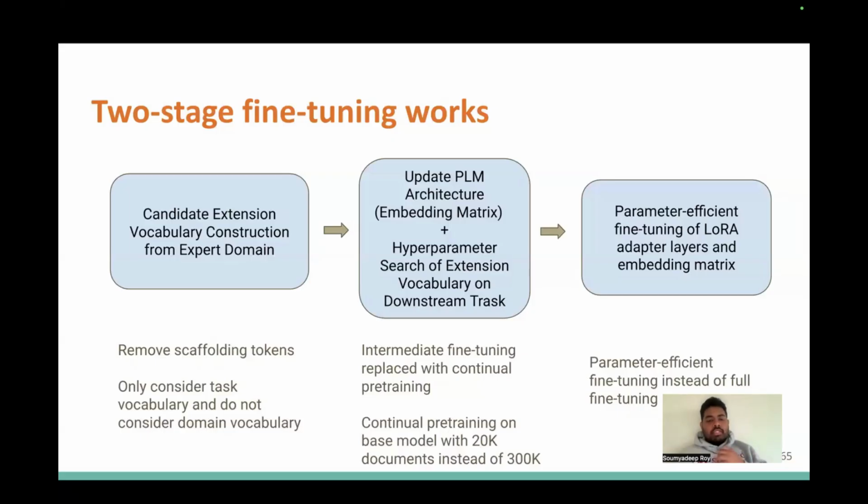So now we can use a smaller continual pre-training on a smaller number of documents, say 20K documents. And if on that we perform parameter-efficient fine-tuning, that is LoRA using adapter layers, we are able to get good performance, right?